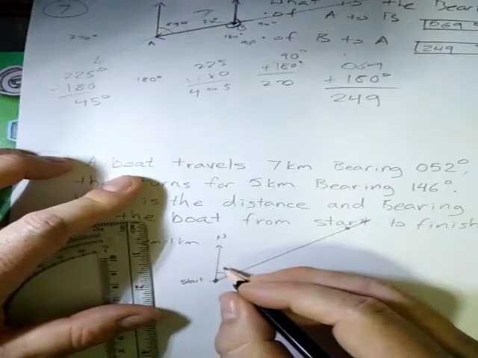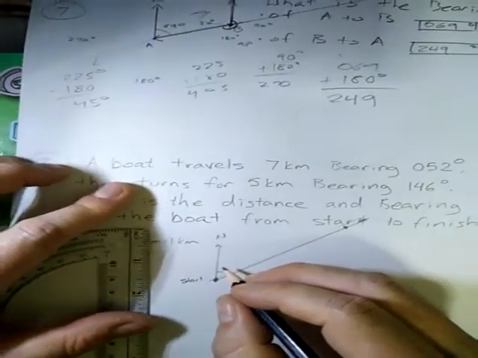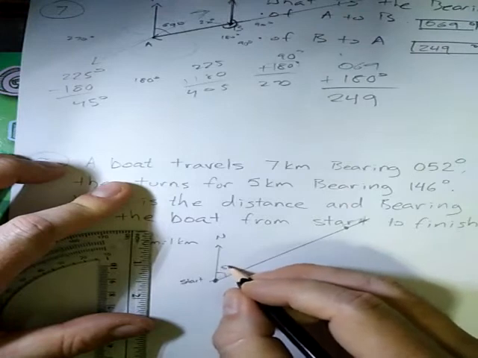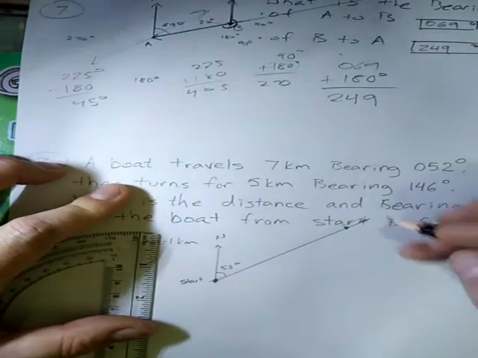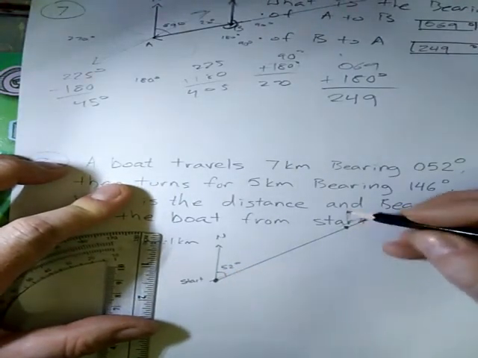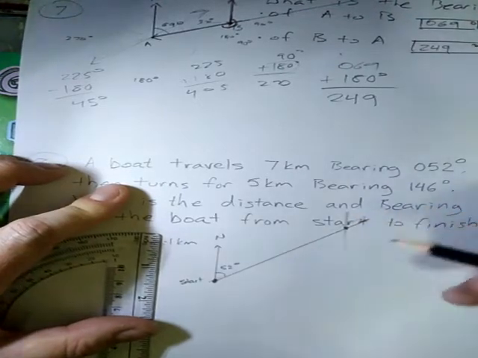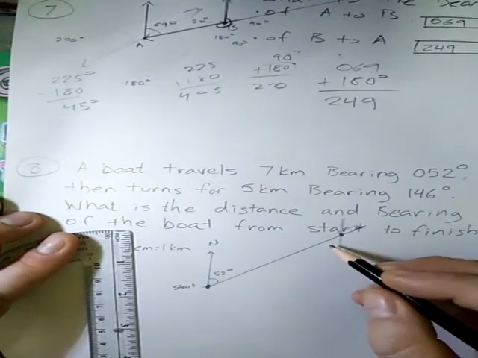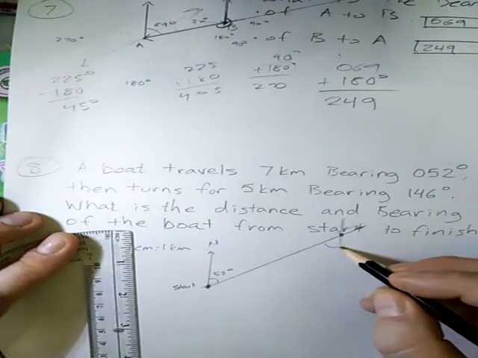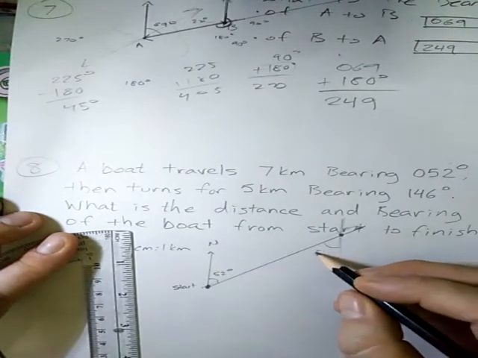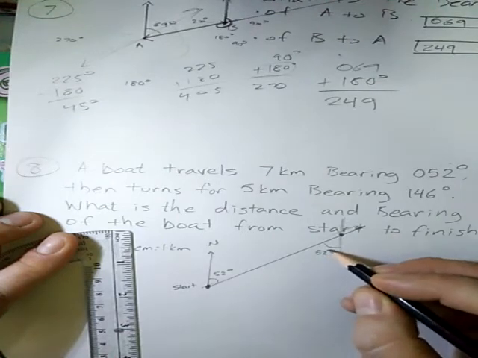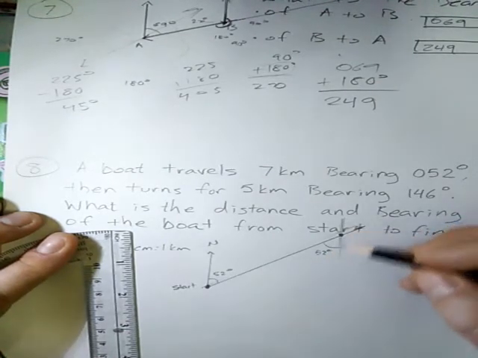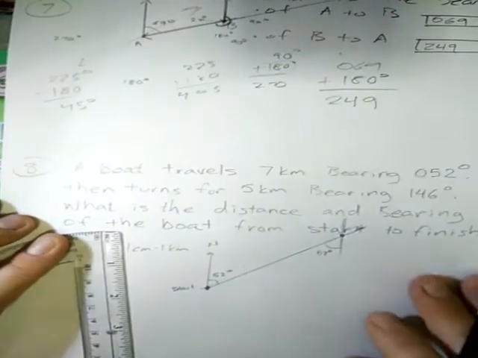So if this is, we said bearing 052, so this is 52 degrees, and really what I want is a line that's parallel to my north line here. So if this is 52 degrees, this angle will also be 52 degrees to this north-south line.